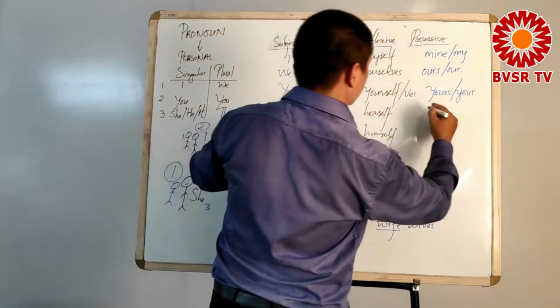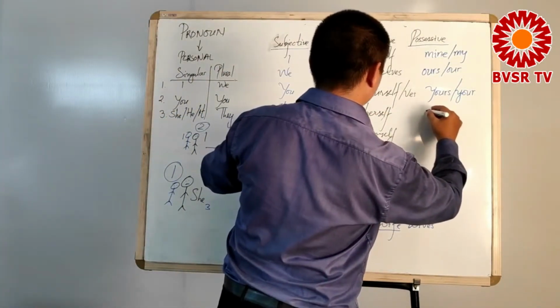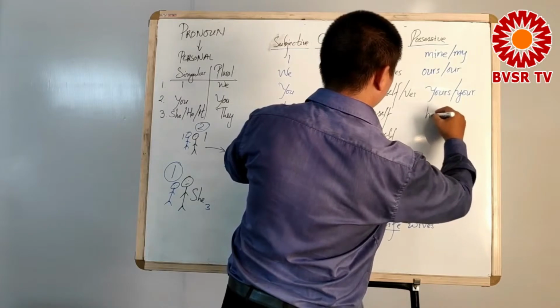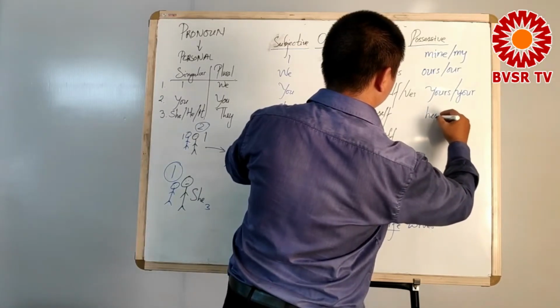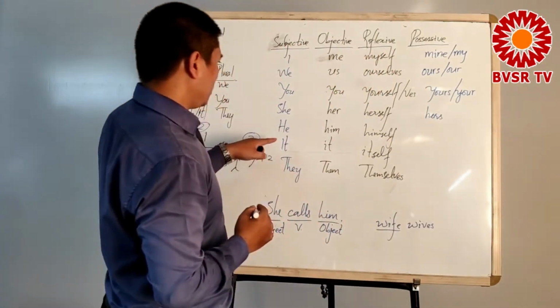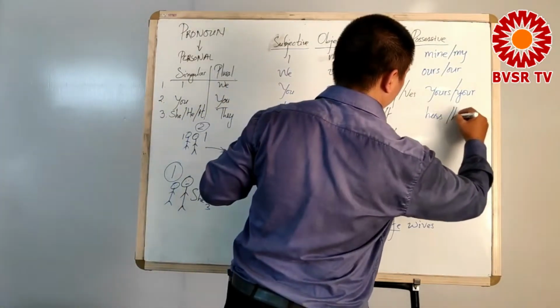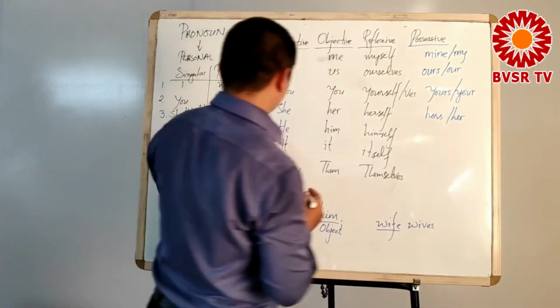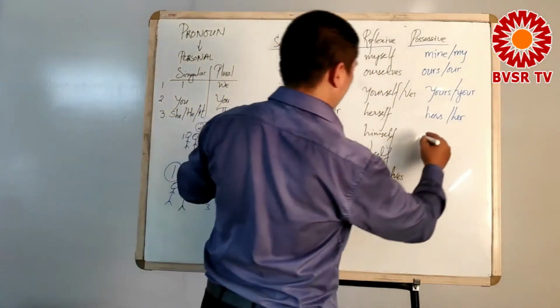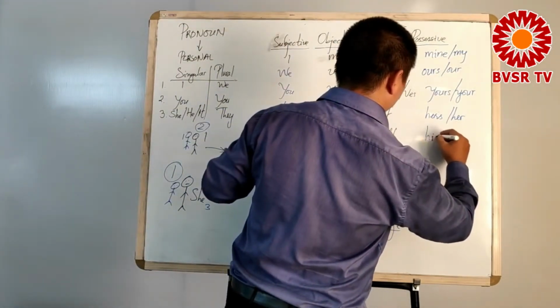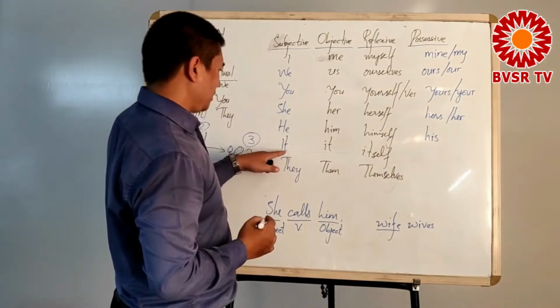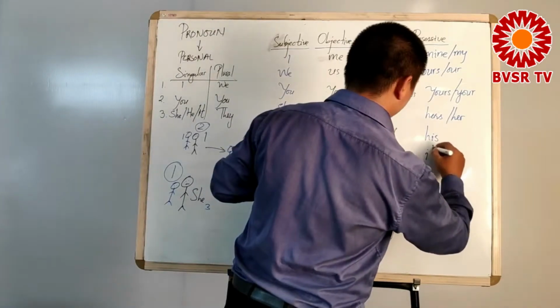She will be her, so it should be hers, or you can even say her. Her can also be possessive. He, him, his: it should be his.